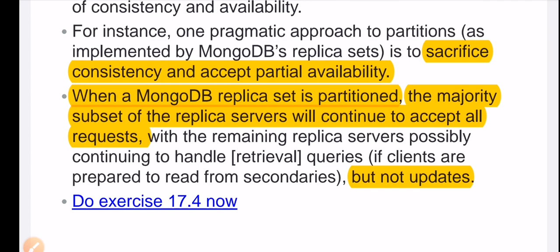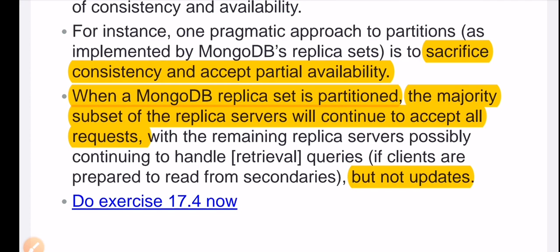When a Mongo database replica set is partitioned, the majority subset of the replica servers will continue to accept all requests, like the four nodes on the left side in the figure that I showed you before. And it is better in this case to accept only retrieval and not updates.